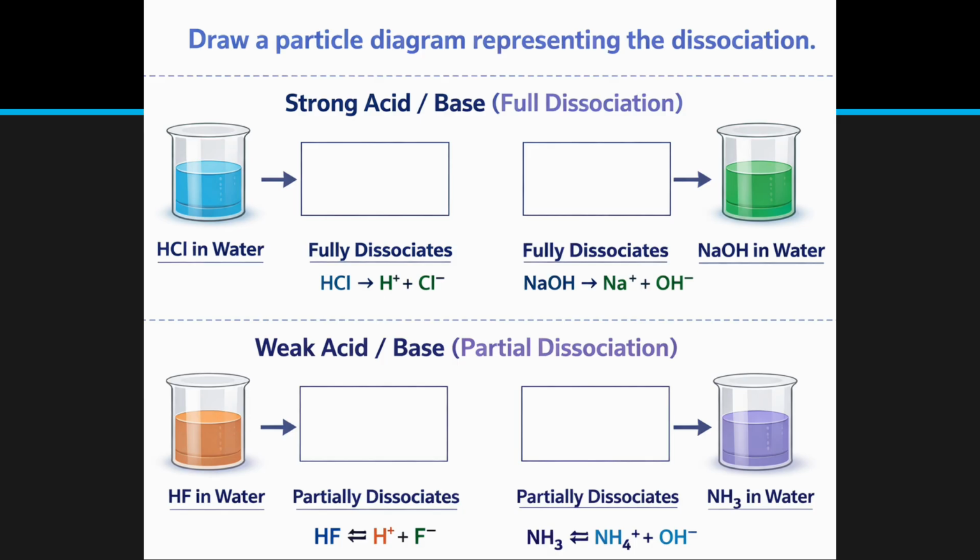Let's say we have 4 moles of HCl, and I want you to draw the dissociated particle model of what that looks like. If we have 4 moles of HCl, that means we have 4 H+ ions, and that also means we have 4 Cl- ions.